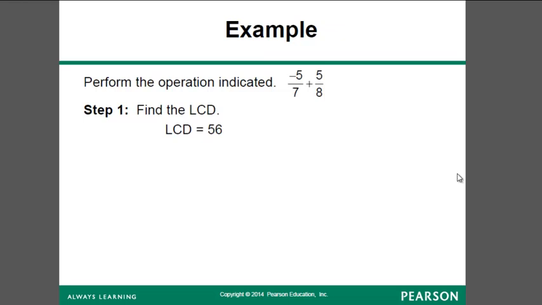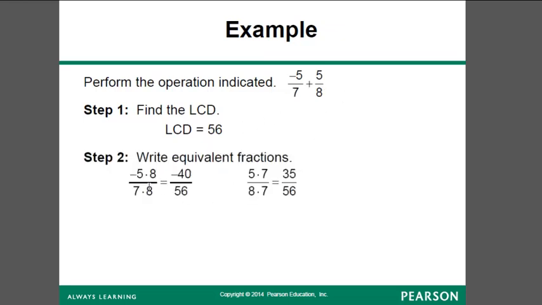Our next step is we need to write equivalent fractions. And what we're trying to do is make 7 into 56 and 8 into 56. How we do that is we say 7 times 8 gives me 56. Whatever I do to the denominator, remember I have to do to the numerator. And so I get -5 times 8, which is -40.